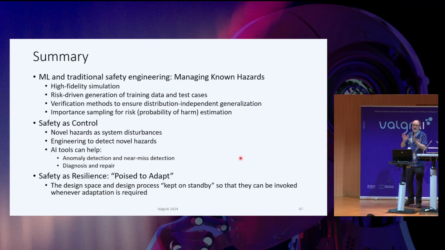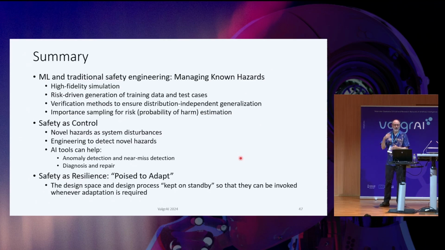Okay, so in summary, machine learning and traditional safety engineering are focused on managing known hazards, but machine learning technology and methodology as it currently exists is not able to do that. So we need to, of course, support high-fidelity simulation, and we do see so much work now on digital twins using machine learning to build and validate them.